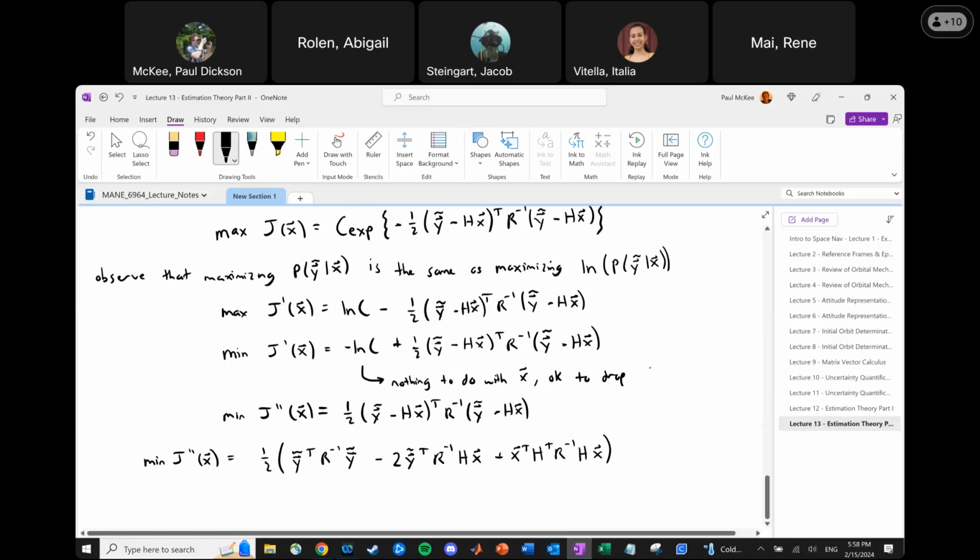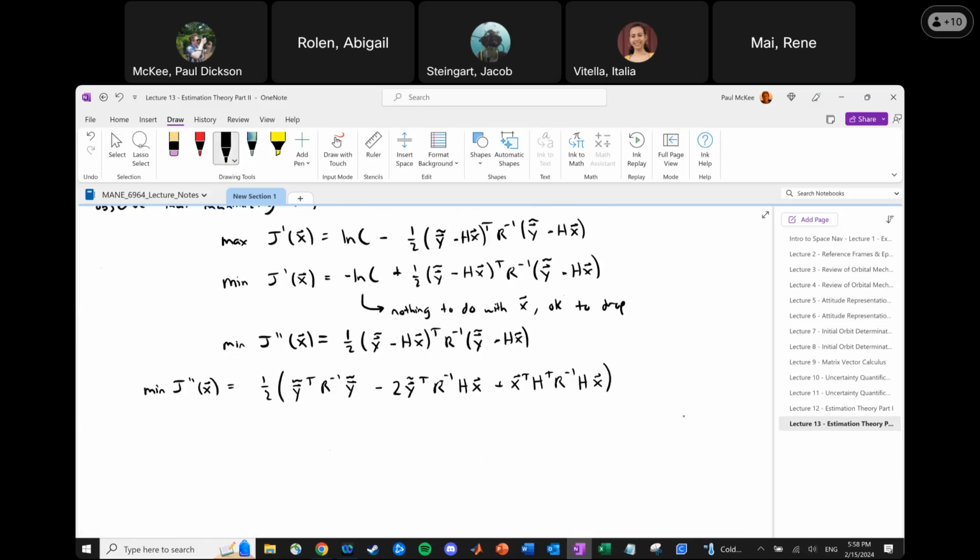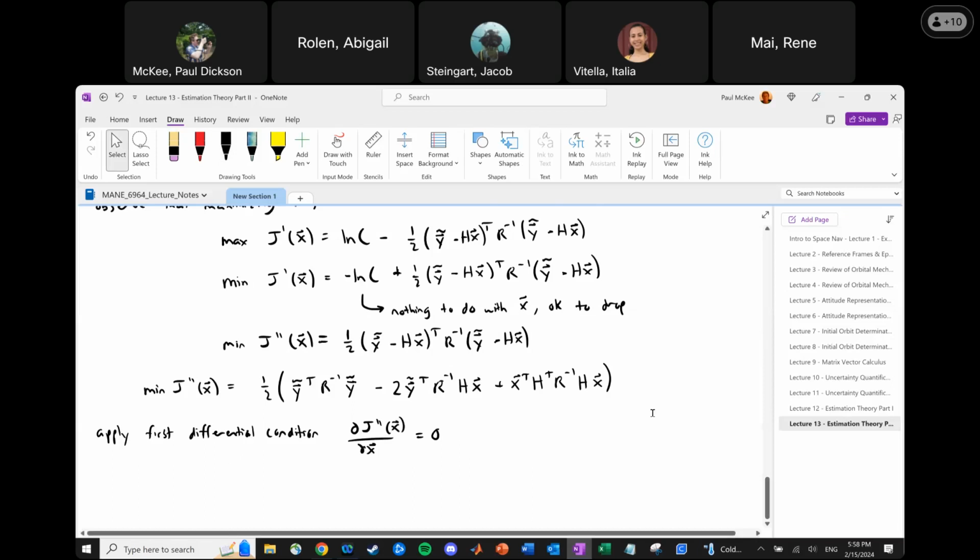Then we will apply the first differential condition, which is to say that the derivative of J double prime of x with respect to x is equal to 0. So here we go.